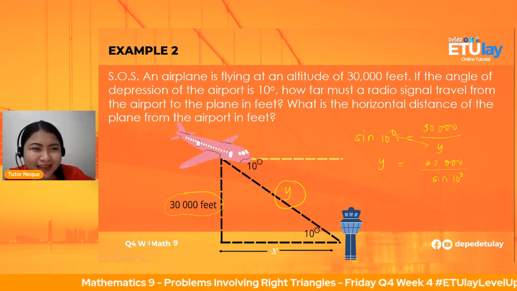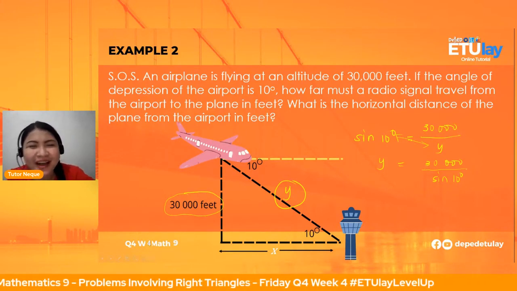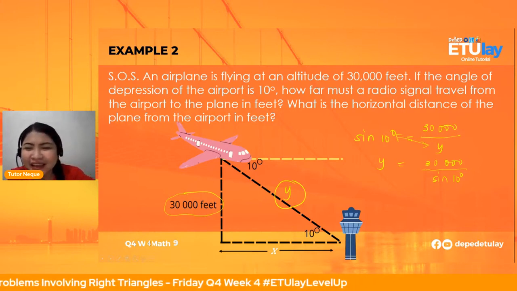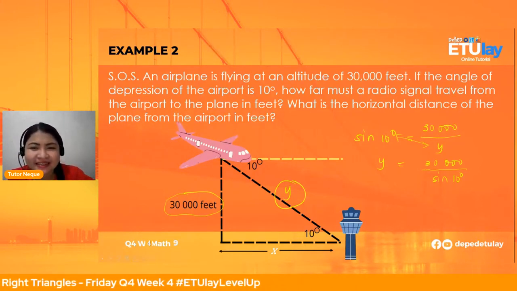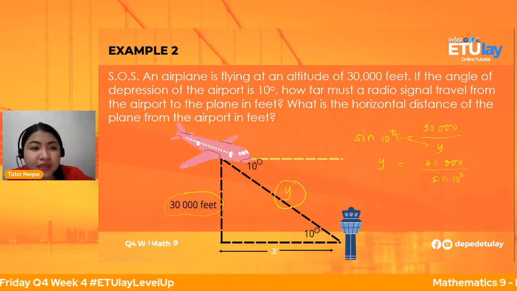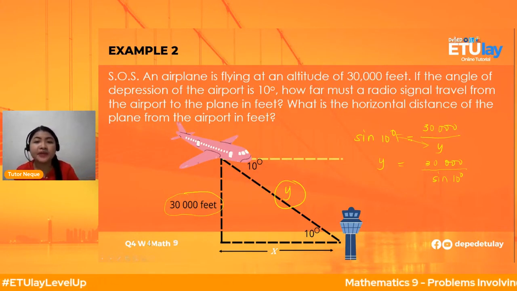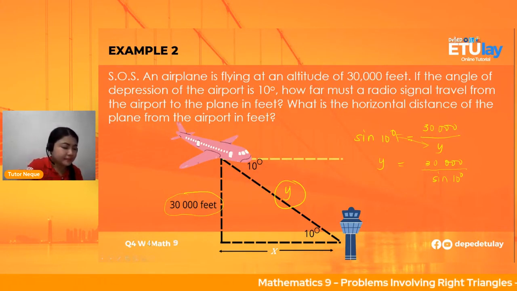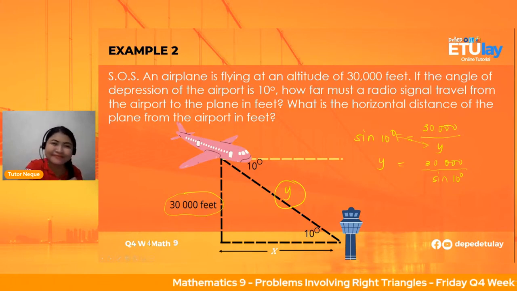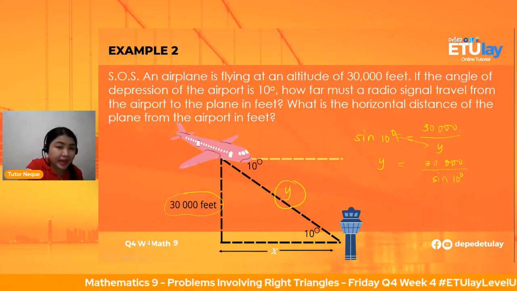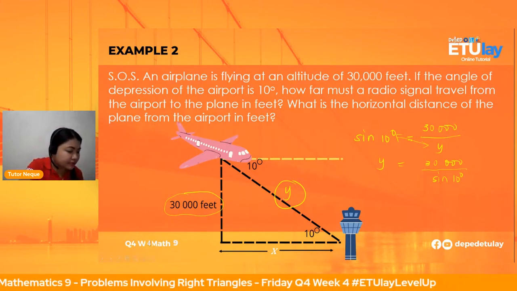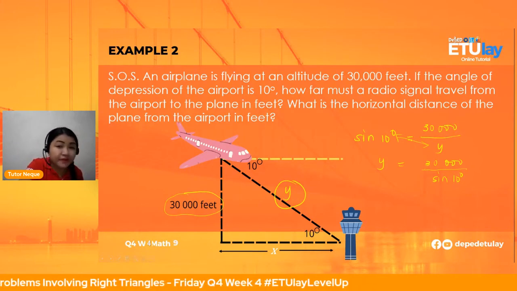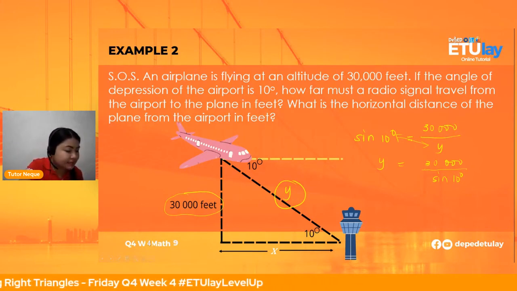Sine function buuin natin ha, kasi sin function, ibang function yun, no? S-I-N-E. Okay, let's try to solve using our calculator. We have 30,000 divided by sine 10. Just to double check.